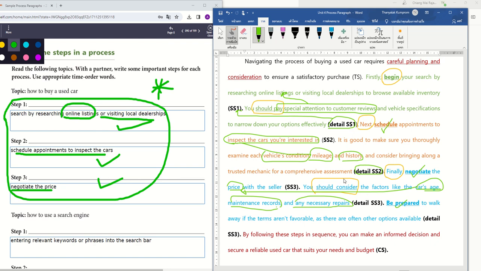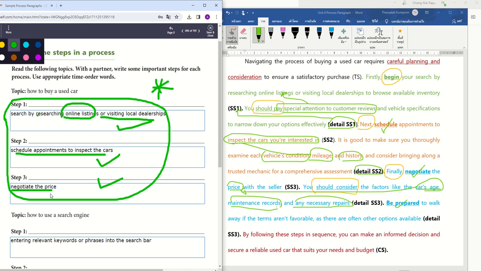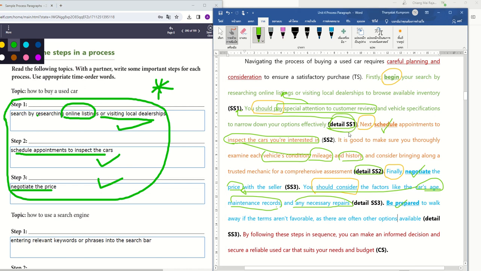If you just put the 3 steps, 1, 2, and 3 from the mind mapping into your paragraph, it is not enough, right? There are only 3 sentences, and then one more for introductory sentence and one more for the concluding sentence. So approximately there are only 5 sentences in your paragraph. That is why we need a detail or supporting sentence.